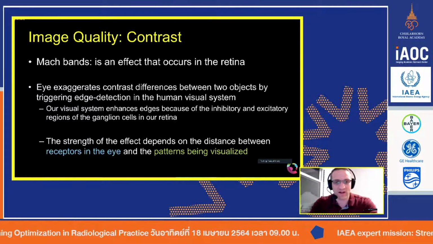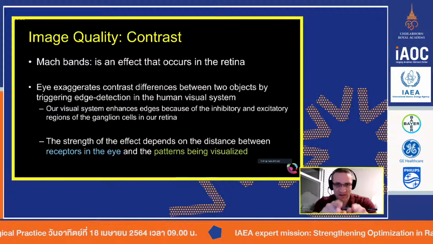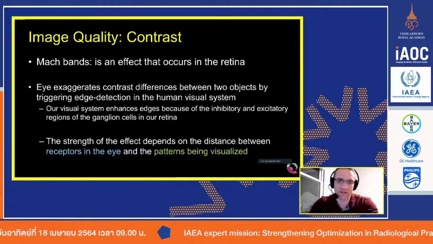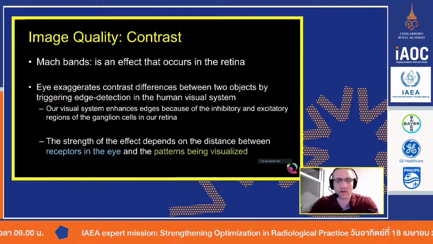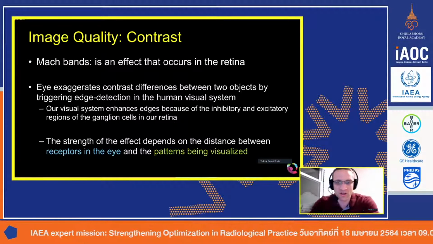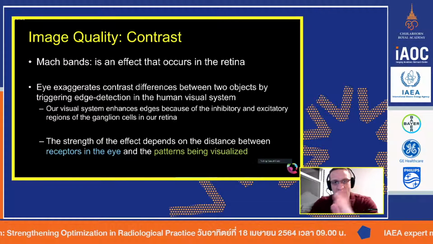Depending on the spacing of the receptors in our eyes and the pattern of light coming to our eyes from the monitor where we just acquired the image from the patient, that will give us an ability to see edges.